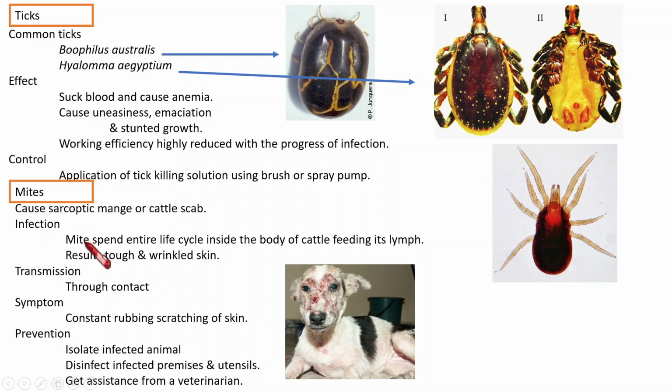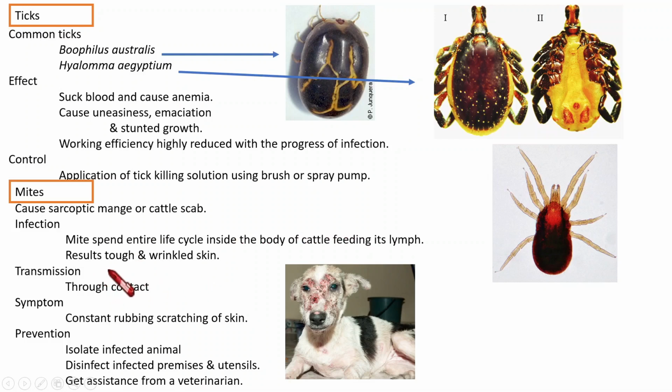As the mite enters the body of the animal, it spends its entire life cycle inside and feeds on lymph, and as a result its skin becomes tough and wrinkled.